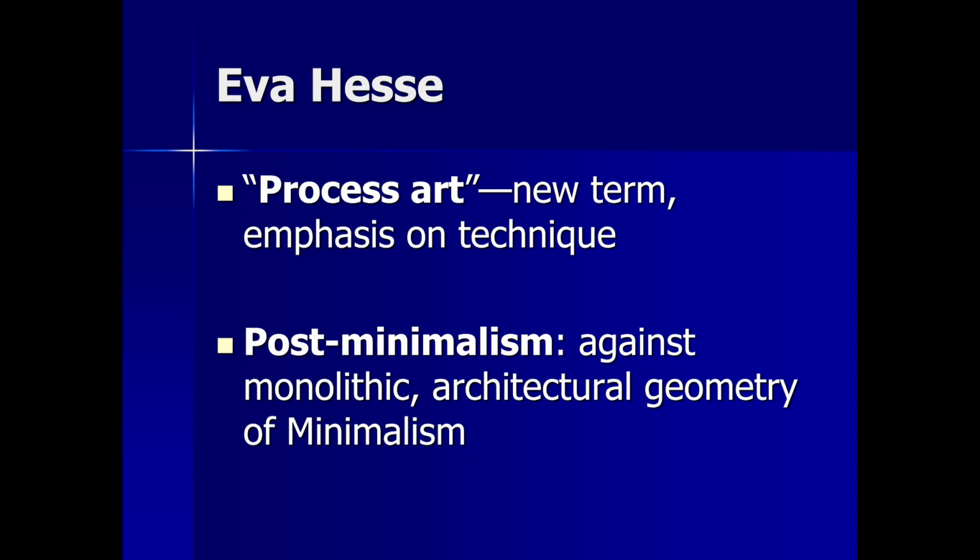Hesse's style has also been called post-minimalism, that it stands out against minimalism, which was monolithic, sometimes architectural geometry, very simplified sculpture that maybe was just rectangular forms. And she's obviously doing something much more complex than that.